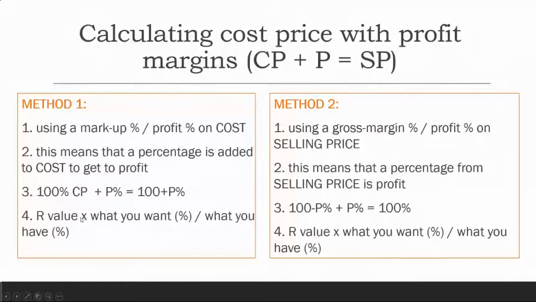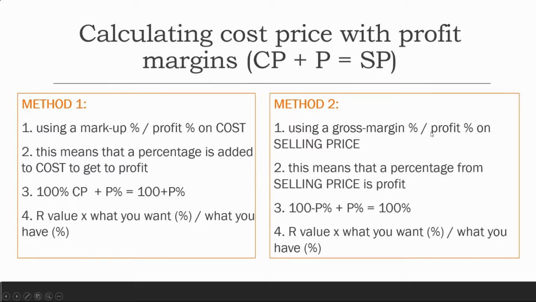So the Rand value that they've given you, which one of these three does it represent? That would be at the bottom. So the calculation is you take the value they've given you, multiply it with the percentage that you want, and divide it by the percentage that you currently have. And this is how you work out the markup percentage if it's a cost price.